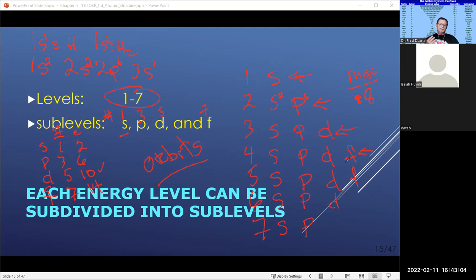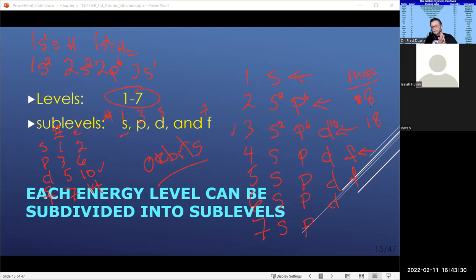You might be asked what is the maximum number of electrons that I can put in the 3rd energy level. Again, the s is maxed out at 2, the p at 6, and the d at 10. So 10 plus 6 plus 2 is 18. 18 electrons is the maximum for the 3rd energy level.